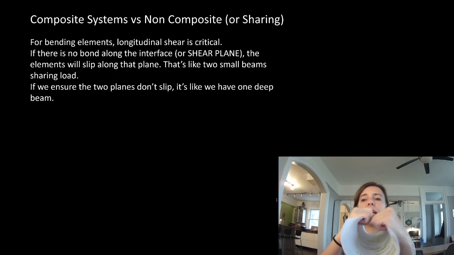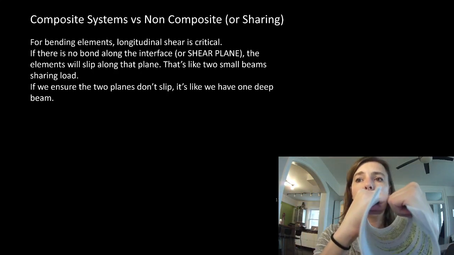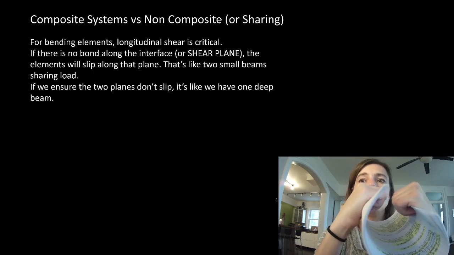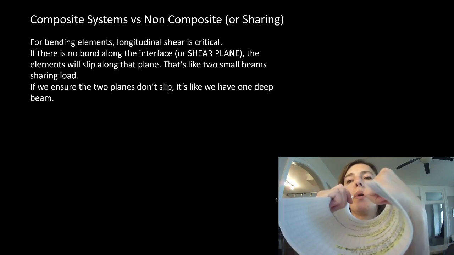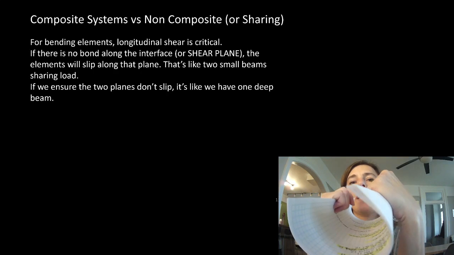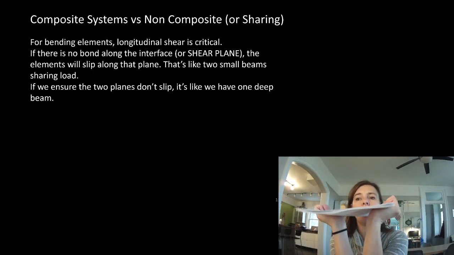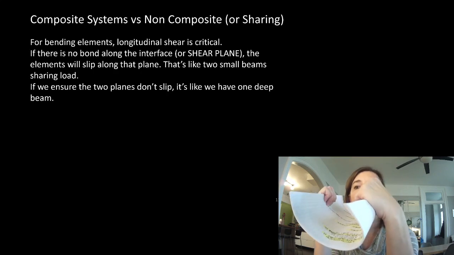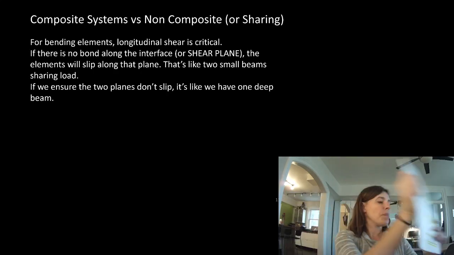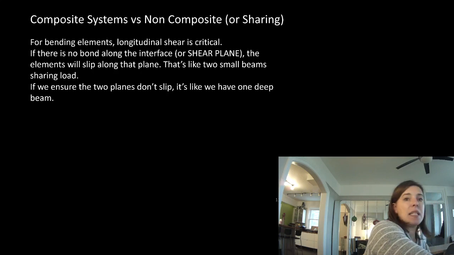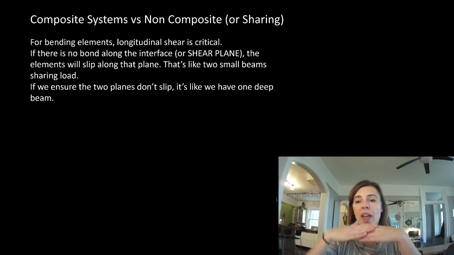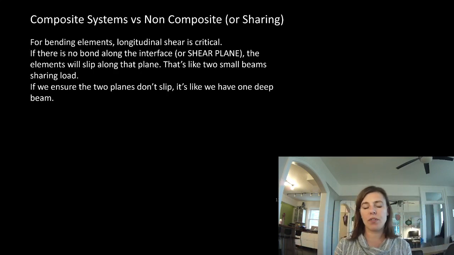If I do this, if you look up close, it gets a bit fuzzy, do you see that all of those pieces of paper, they've slipped relative to each other? And then when I go back, they're in line. So they're in line right there, but look, they're not in line anymore. That is because there is longitudinal slip, or they are shearing relative to each other.